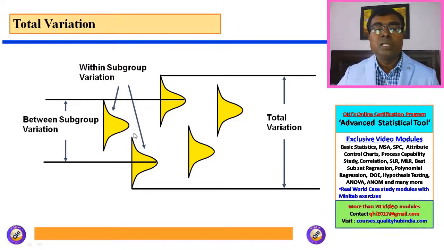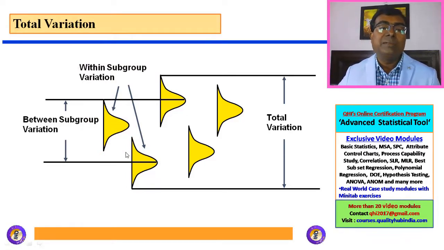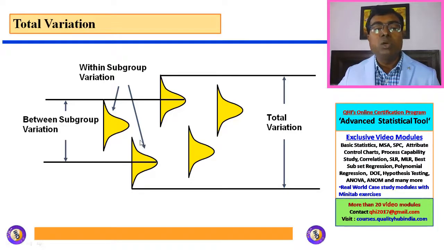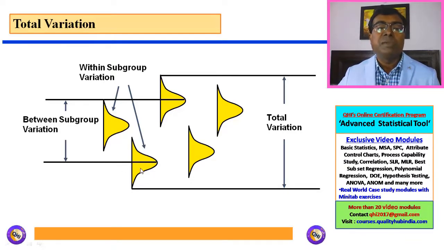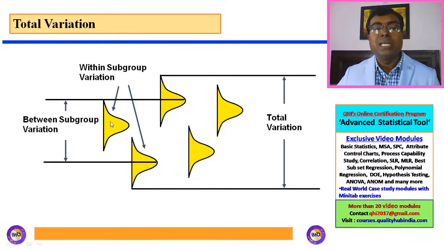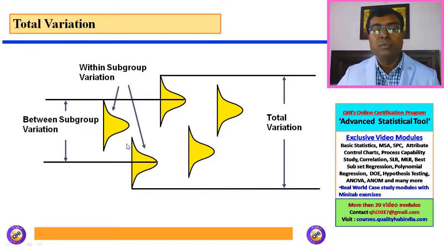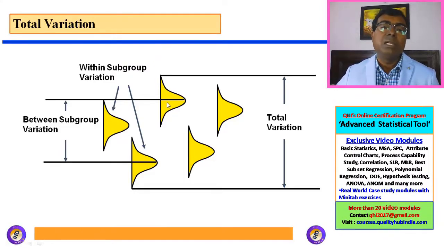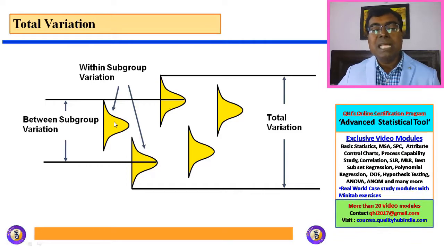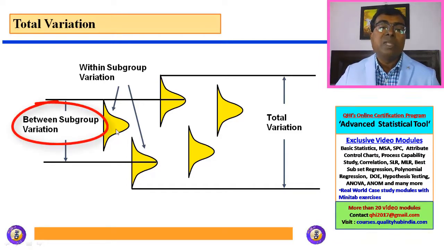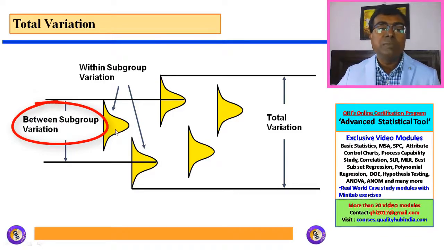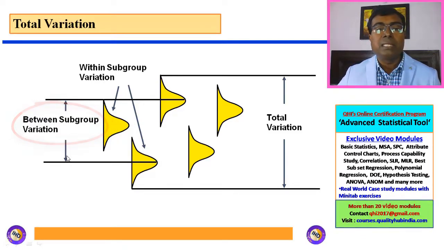In the same way, suppose at 10 o'clock, I again take a 5 number sample. There is bound to be some variation over here. This will again be within subgroup variation. So here we have within sample 1 variation, within sample 2 variation, within sample 3 variation. And between sample 1 and sample 2, there is bound to be some variation between these two samples. So this will be between subgroup variation.